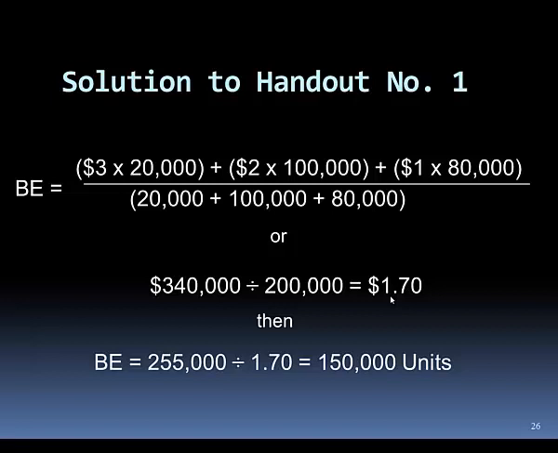So the 170 is very reasonable. Now we said we had a projected fixed cost of $255,000. So we want to get the total break-even in units. So we divide the total projected fixed cost by the weighted contribution margin, and we get 150,000 units.